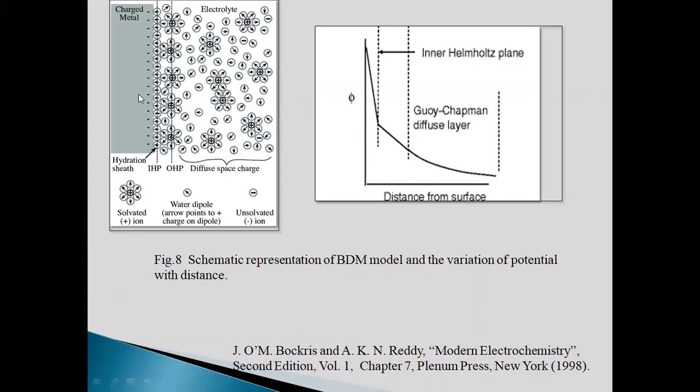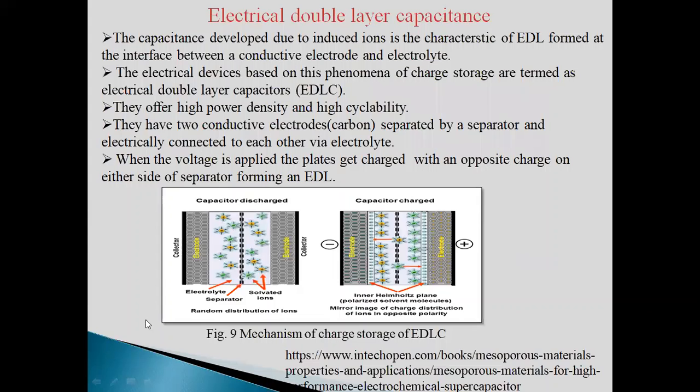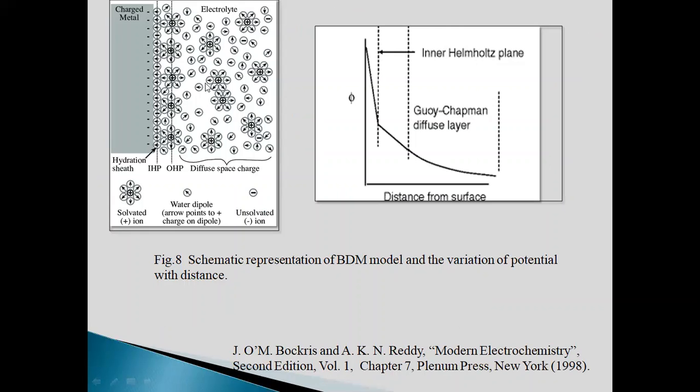So the excess charge on the metal surface will draw out the charge present in the solution, and will form an inner Helmholtz plane as shown here, and these ions present in the inner Helmholtz plane are completely desolvated in nature, while the other plane, the outer Helmholtz plane, has ions that are partially solvated, and the diffuse region has ions that experience solvation due to the presence of other ions, as shown here.